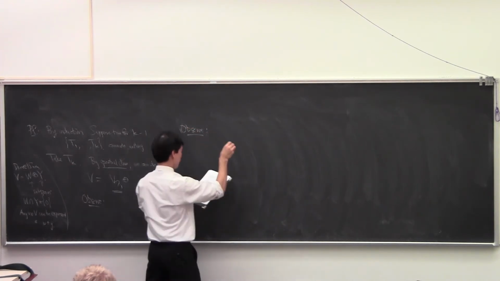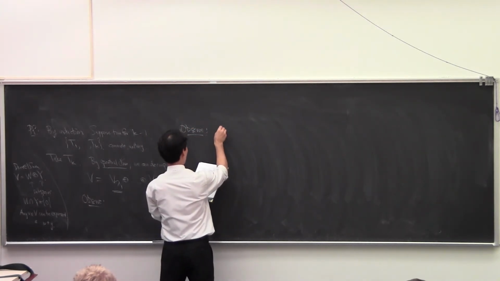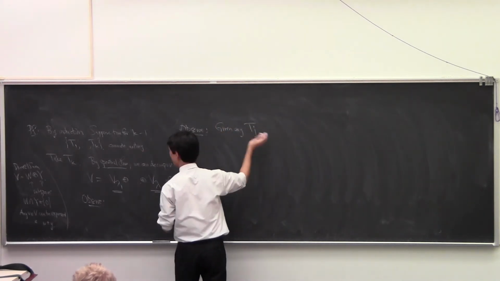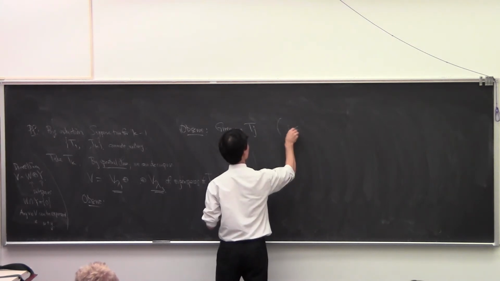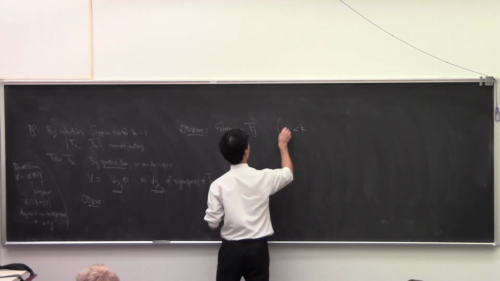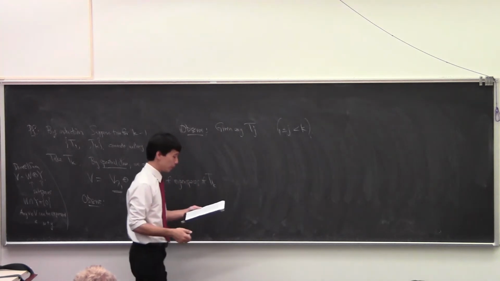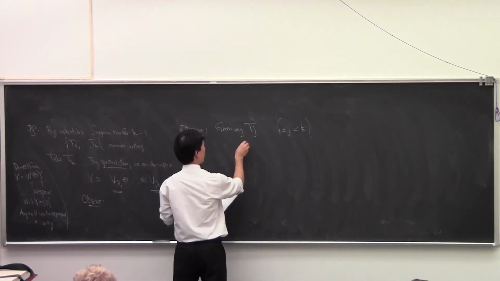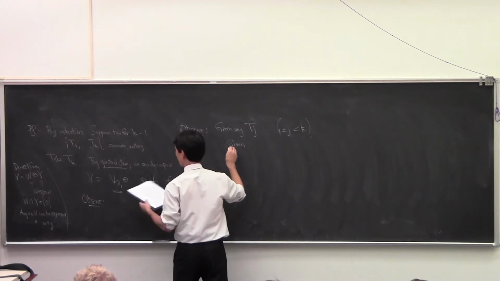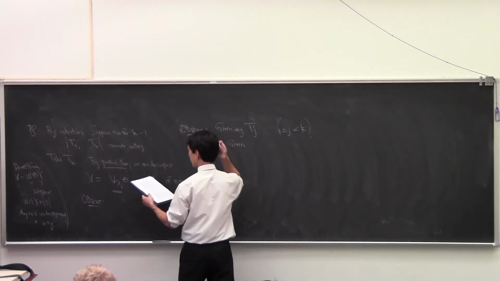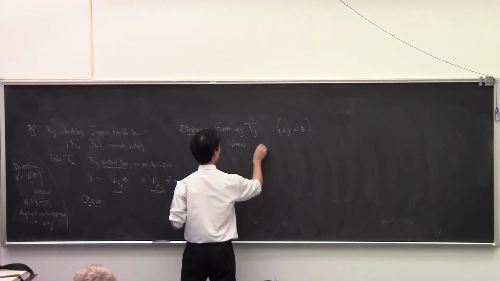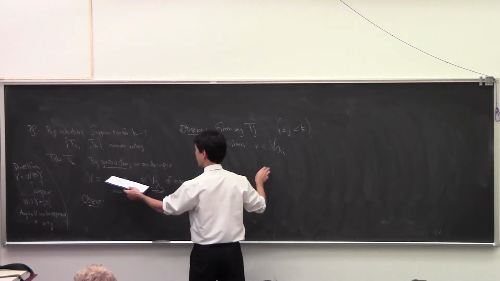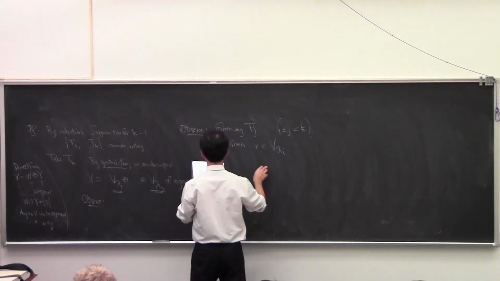Observe. Given any Tj, so take one of the other guys, right? So j is less than k. Take one of the other guys, and take somebody in one of these spaces, some v in one of the eigenspaces of Tk.